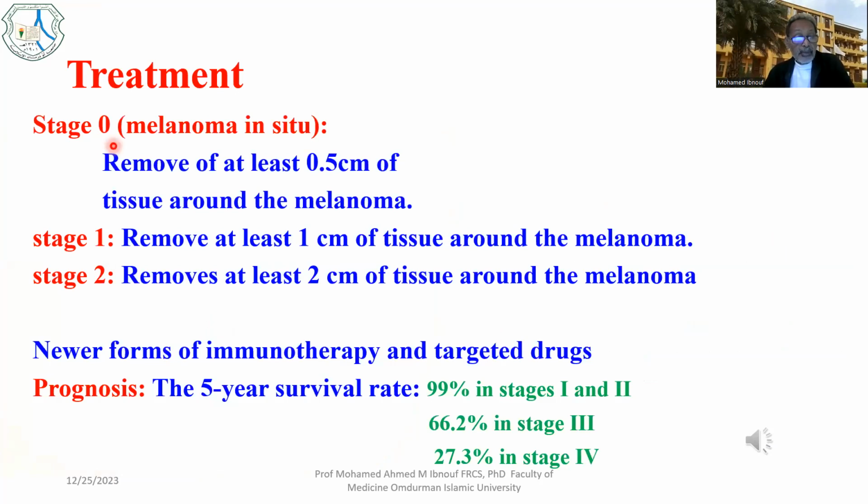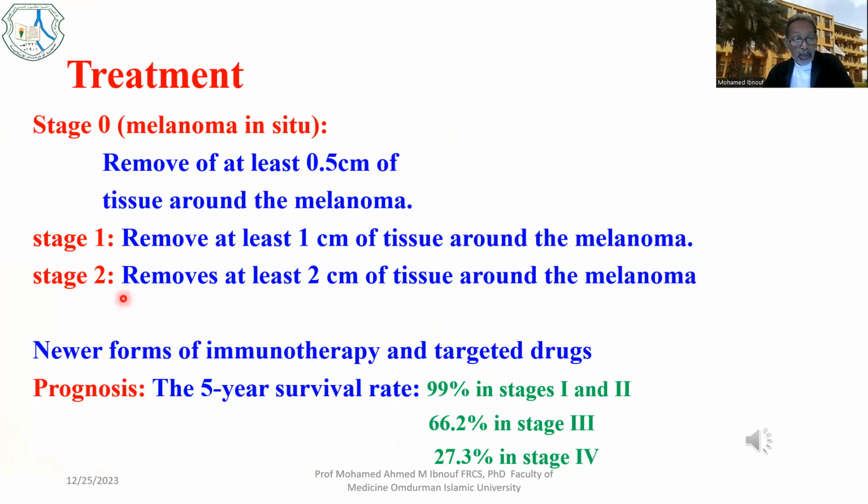For the treatment of stage 0 in situ melanoma, we remove the whole lesion with at least 0.5 to 1 centimeter around the melanotic lesion. For stage 1, we remove at least 1 to 2 centimeters of tissue around the melanoma.